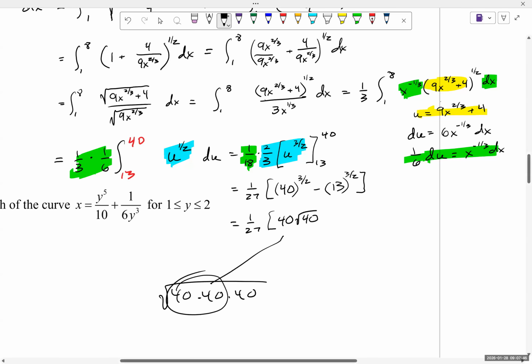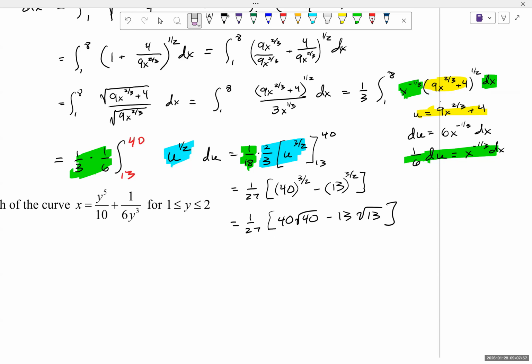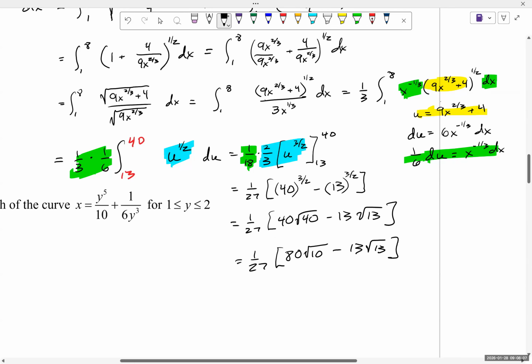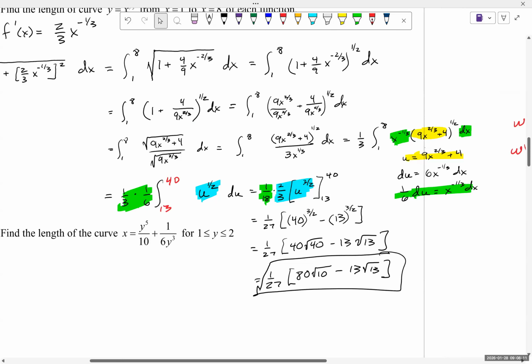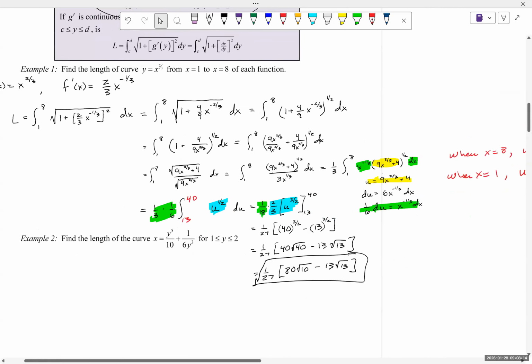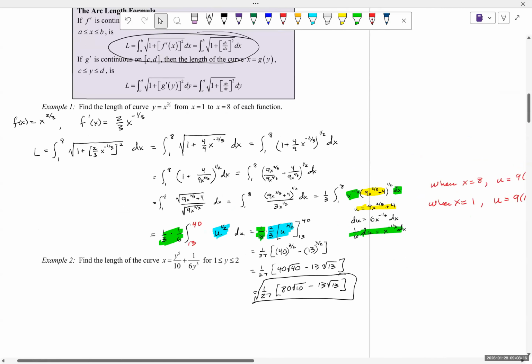Because these two come out, minus 13 root 13. Is that cool? And then, of course, the square root of 40 can simplify even further. So we get 1/27. I think I can take a 4 out, which becomes a 2 times 40, and we're left with a 10 like that. Okay, so I'm doing a lot of this simple algebra arithmetic kind of fast. But that's just because we've got bigger, more important things to deal with.